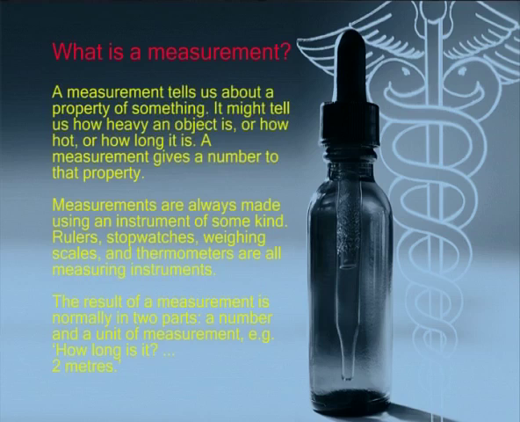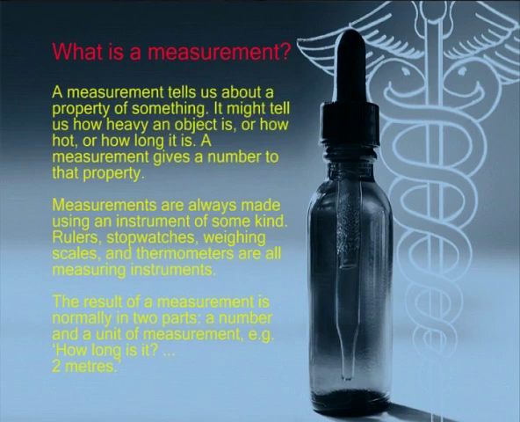We first start by understanding what is measurement. A measurement tells us about a property of something. It might tell us how heavy an object is, or how hot, or how long it is. A measurement gives a number to that property.